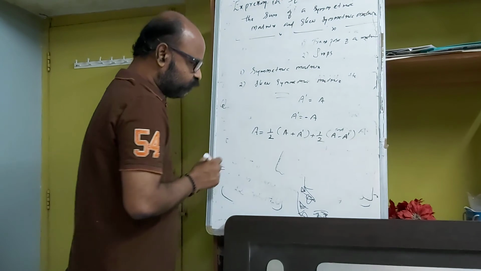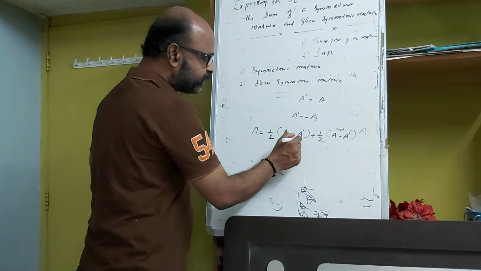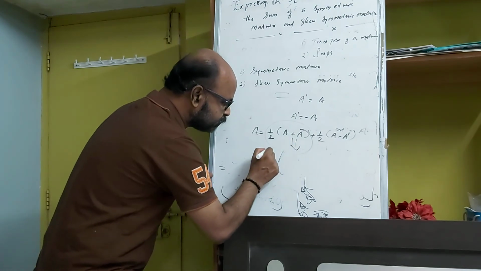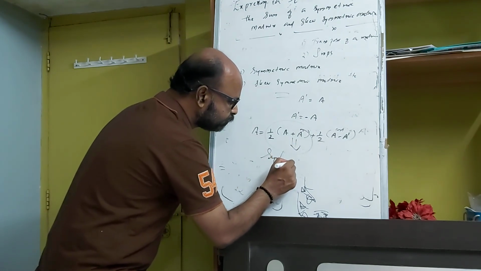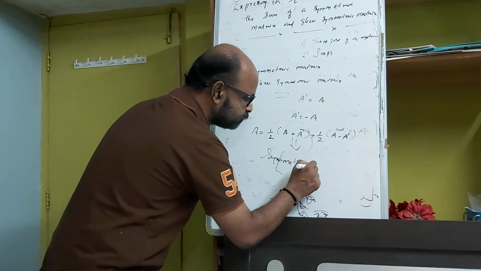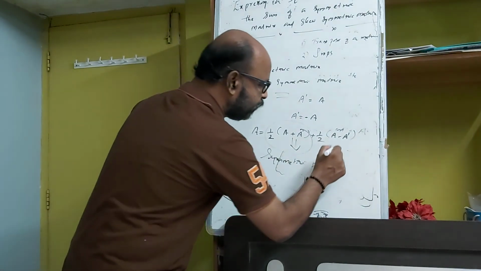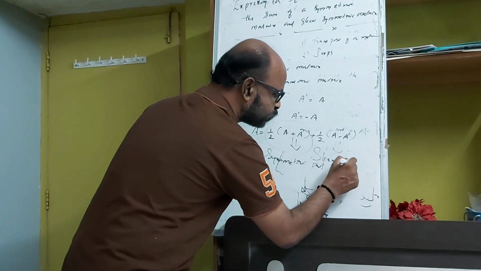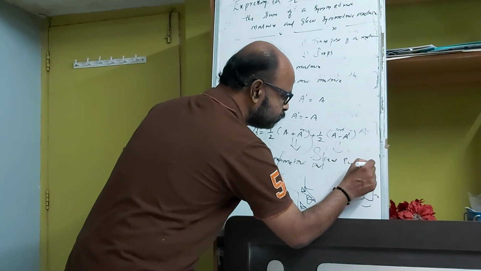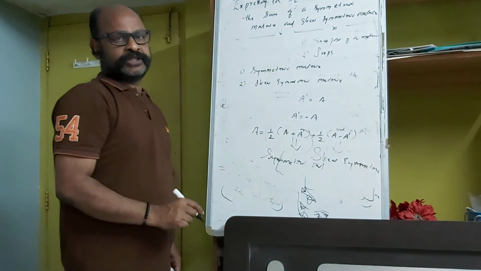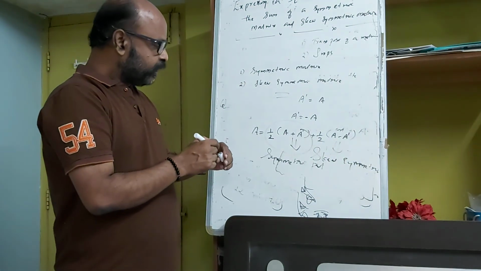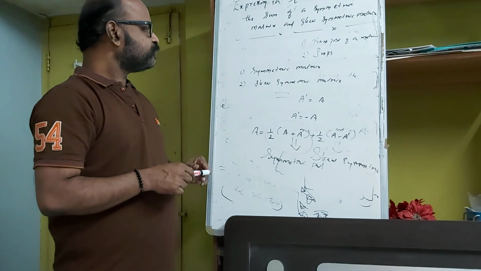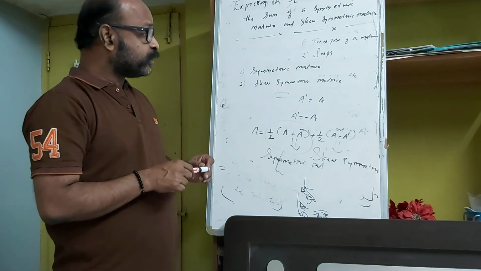In this conversion, half into (A plus A transpose) was called the symmetric part, and half into (A minus A transpose) is known as the skew symmetric part.